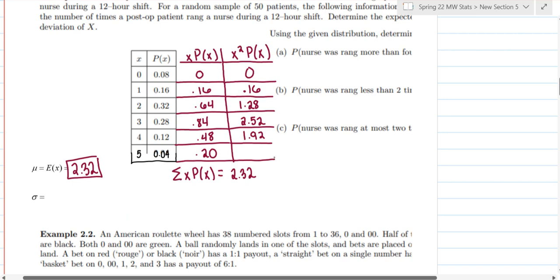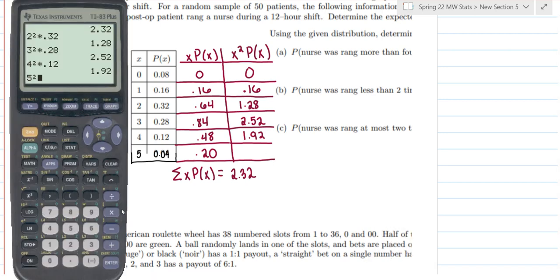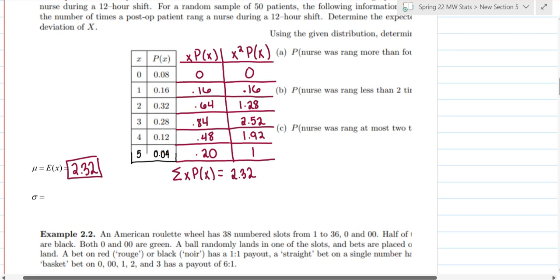And then 5 squared times 0.04, 1. And then we will add all of those together to give us the sum of x squared times p of x.